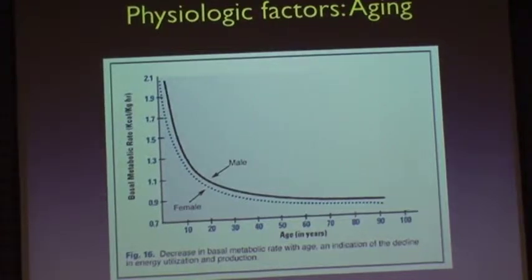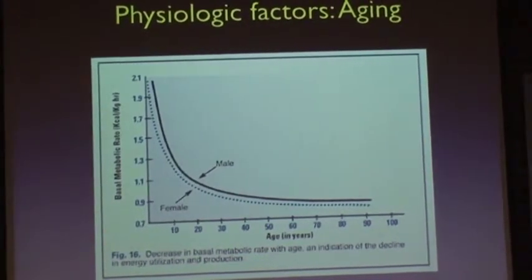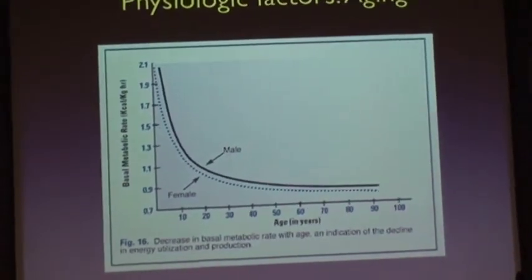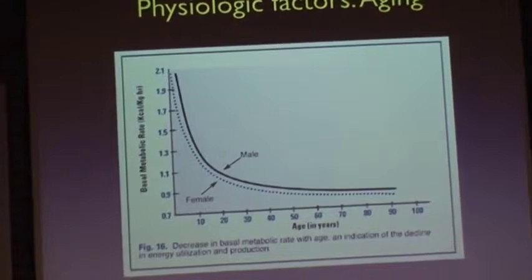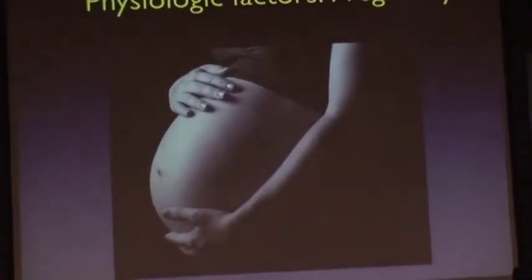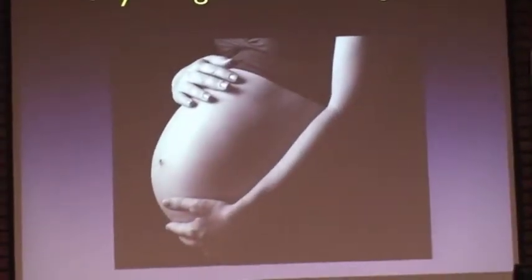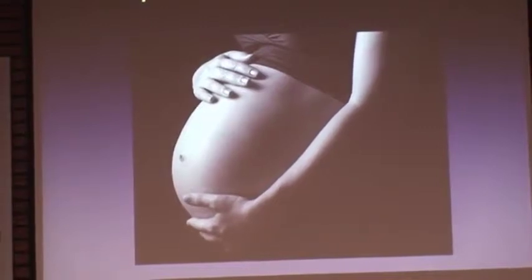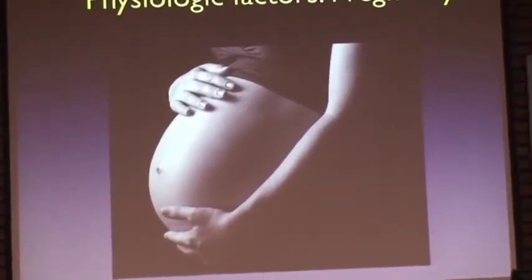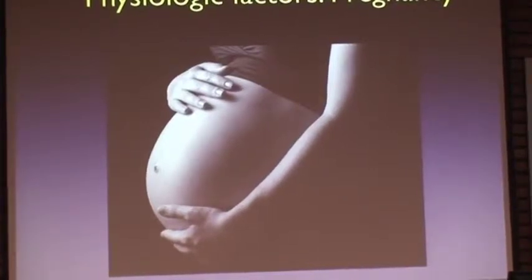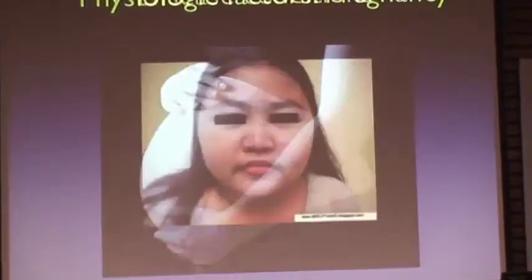And that means that we either have to exercise more or consume less. And if that adjustment doesn't occur, obviously you see weight gain as age goes up. Something as natural as getting pregnant induces weight gain, and if that weight gain is not offset by weight loss afterwards, obviously that adds to the problem.